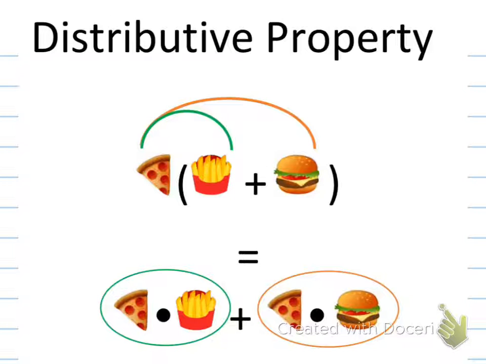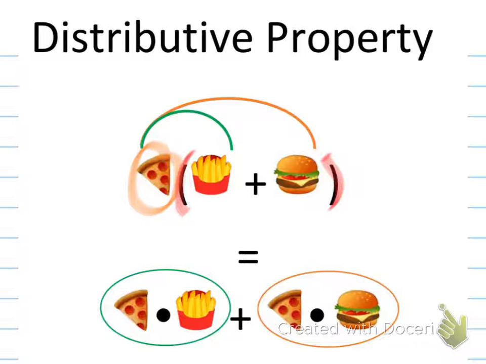Distributive property is a bit of a confusing idea for people sometimes. We use distributive property when we see a number on the outside and it's touching these parentheses.